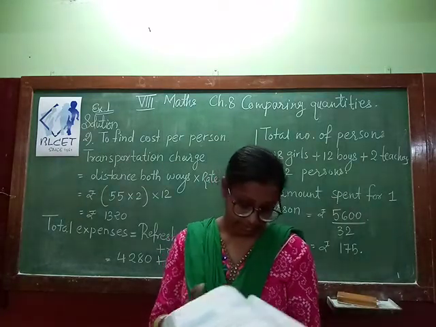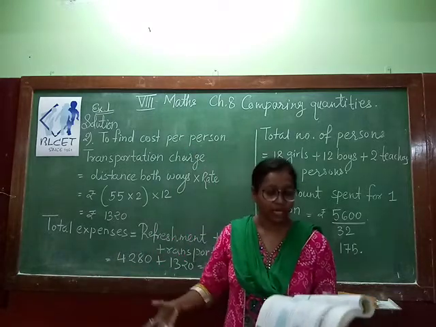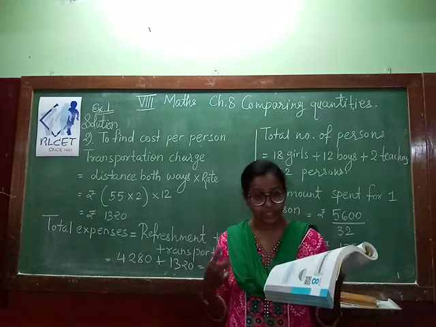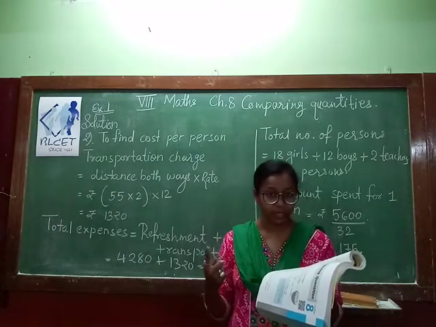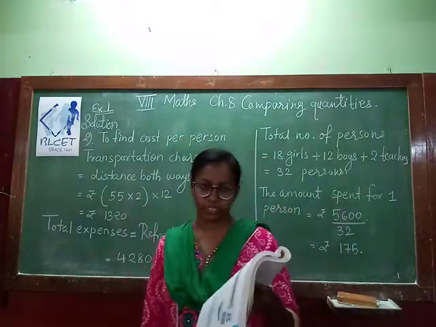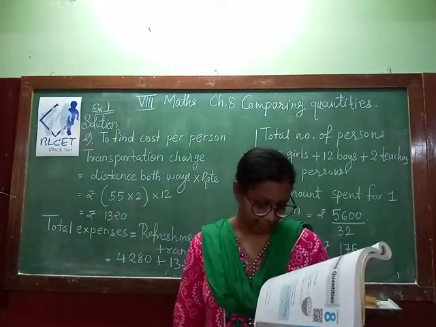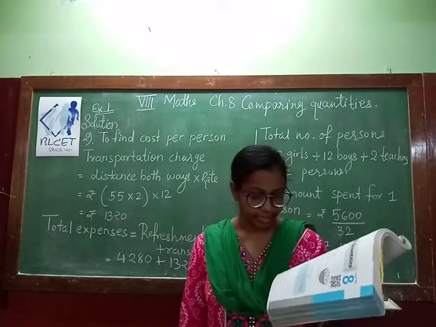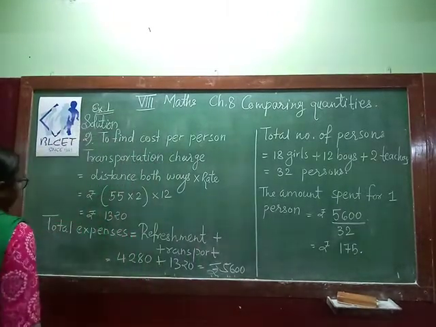The picnic site is 55 km away from the school and the transport company is charging at the rate of rupees 12 per kilometer, meaning for 1 kilometer they charge 12 rupees. So for 55 kilometers how many rupees will they charge? And the total cost of refreshments is given, that is rupees 4,280. Now see how to solve this question.